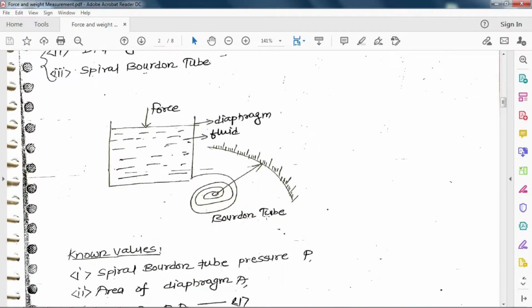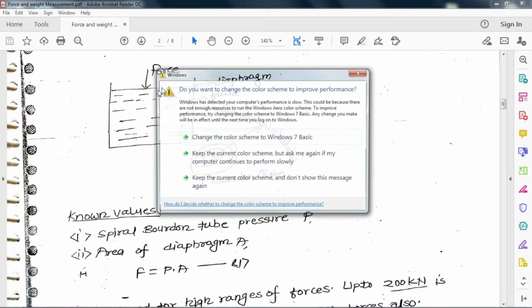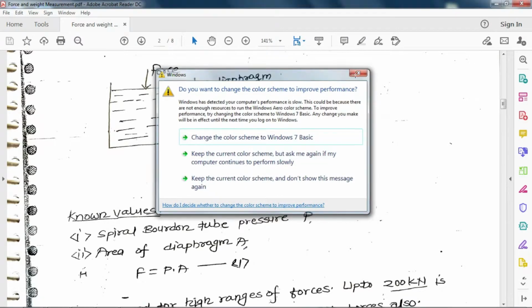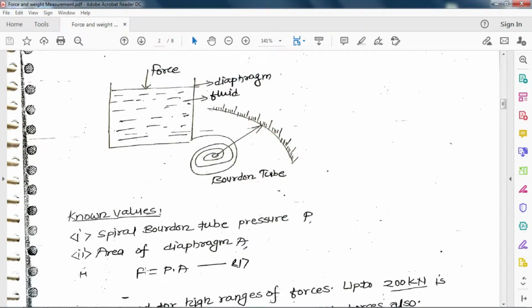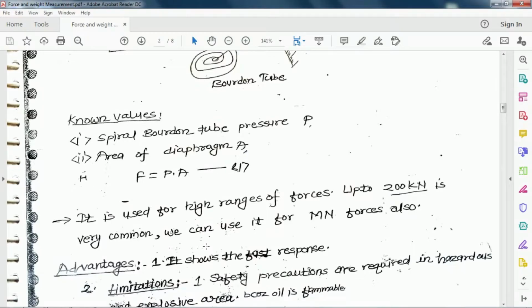So in this case our known values are pressure, which comes from this Bourdon tube, and the area of the diaphragm, which is already known, so force is calculated using this formula: force is equal to pressure into area. So we get our force. It is used for high ranges of forces, up to 200 kilonewton is very common.